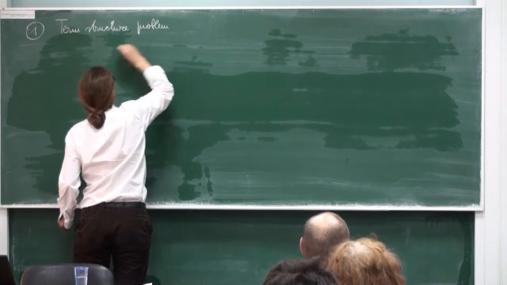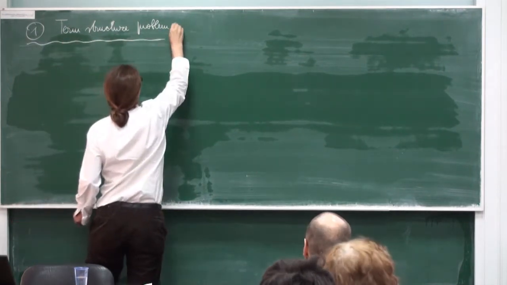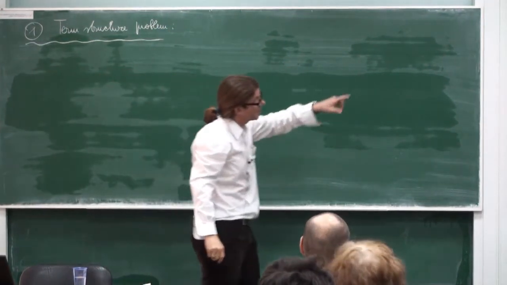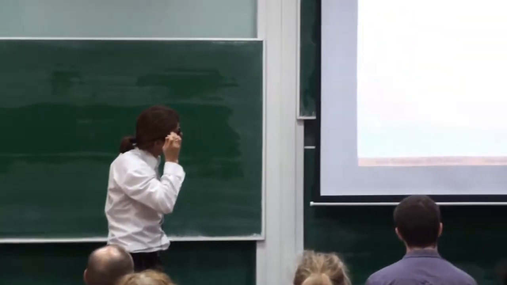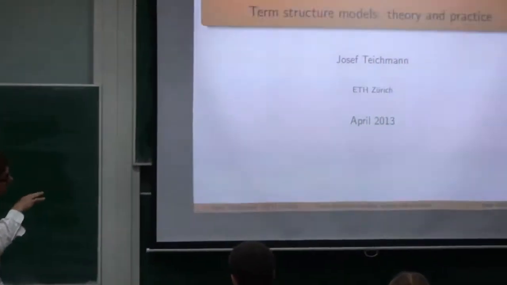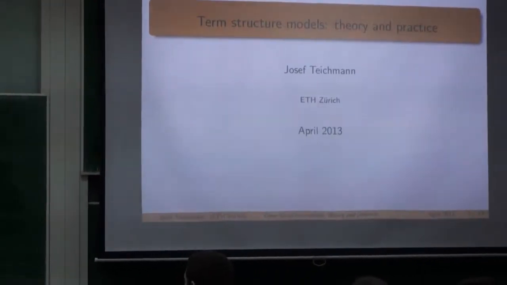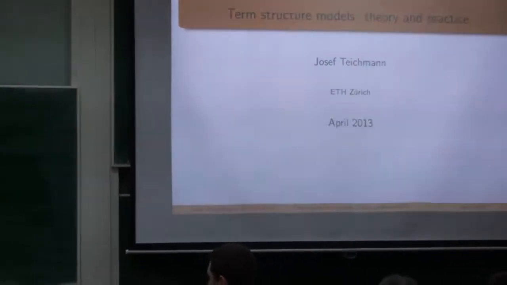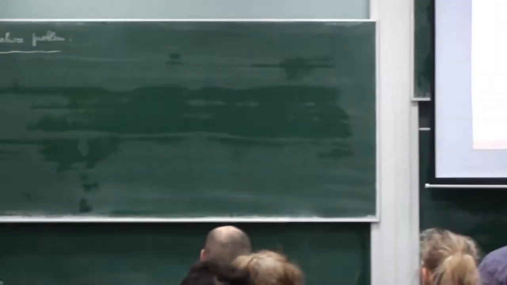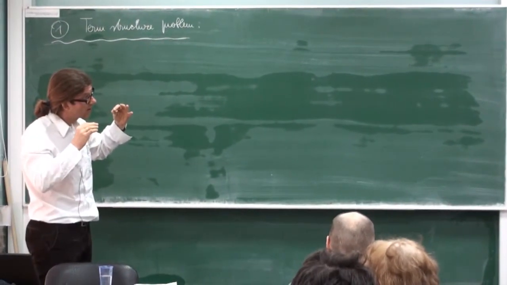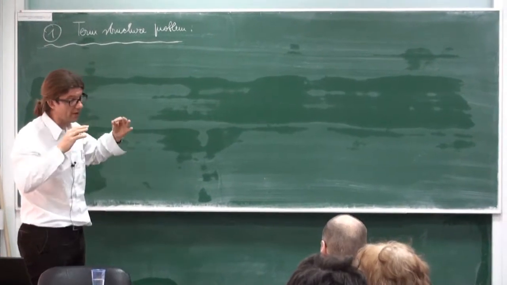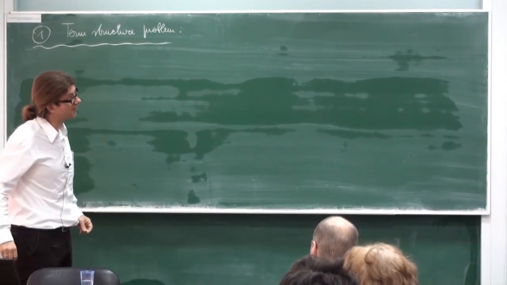And the second part is then about a very concrete term structure problem, explaining to you by means of that particular problem what the theory can do and what the problematic aspect still is.